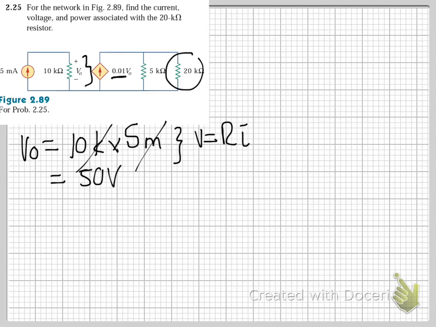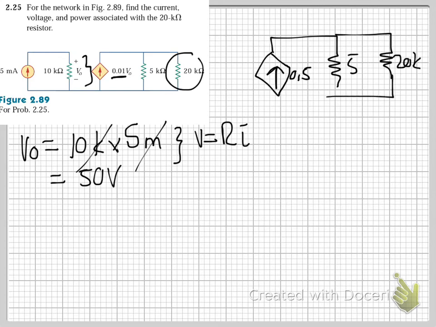So therefore now you've got a current source here, which is 0.01 multiplied by 50. It's a 0.5 amp current source with a 5K here and a 20K there, right? So they say current, voltage, and power, right?